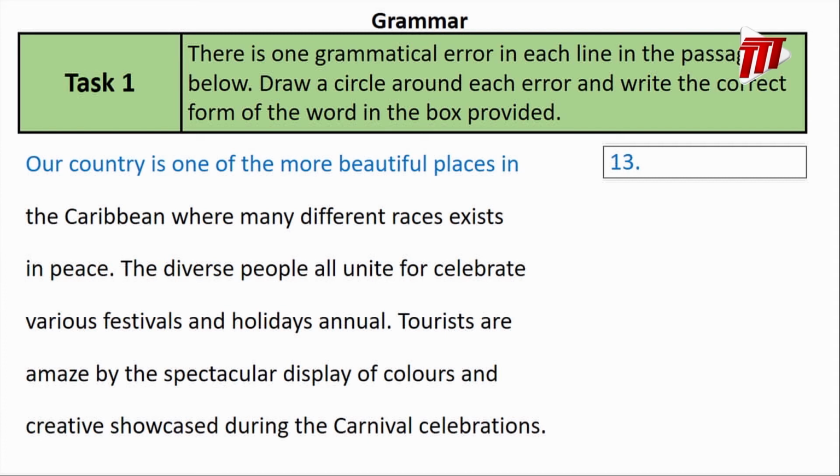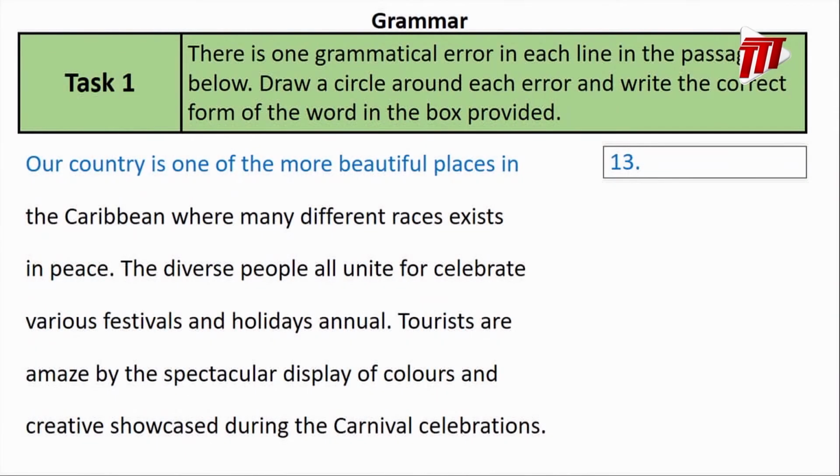And from your knowledge of grammar, when we're comparing with adjectives, what words do we use to be absolutely correct? When we have adjectives with 2 or more syllables, we use more or most to compare. More to compare 2 things. Most to compare more than 2, all right? So here we're comparing more than 2 because we're comparing our country with all of the Caribbean.